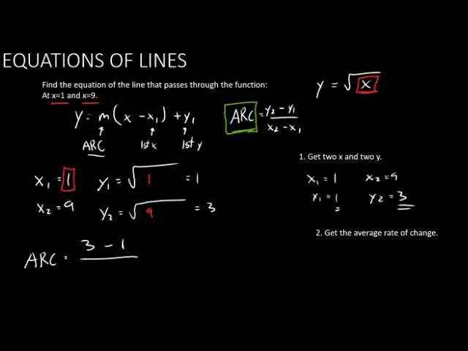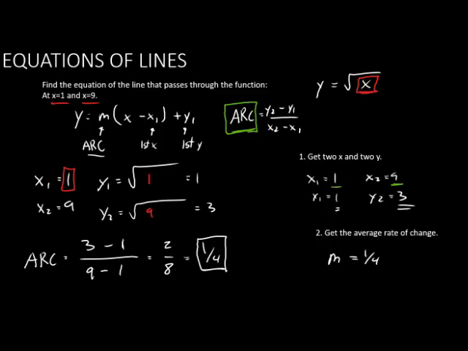On the bottom, I have x2 equals 9, x1 equals 1, so I will say 9 minus 1 on the bottom. On the top, 3 minus 1 gives 2. On the bottom, 9 minus 1 gives 8. 2 divided by 8 reduces to lowest terms 1/4. This will be my average rate of change, and I will label this with the letter m as we have in the equation.